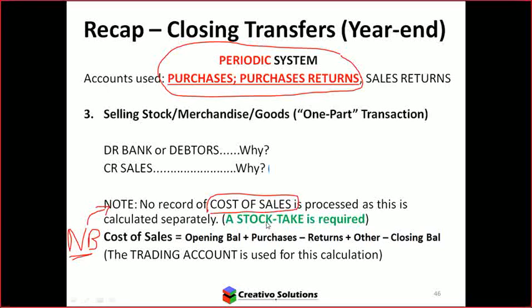We need to know how much inventory is on hand, because remember, inventory on hand is called what? Closing stock. Good. And where do we disclose closing stock? On the trading account? No. What type of account is closing stock?